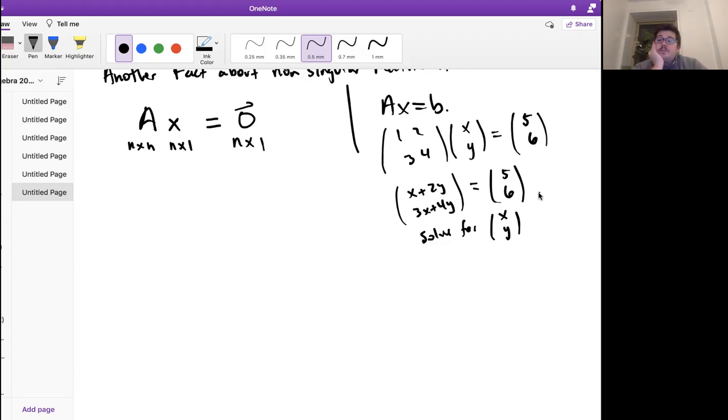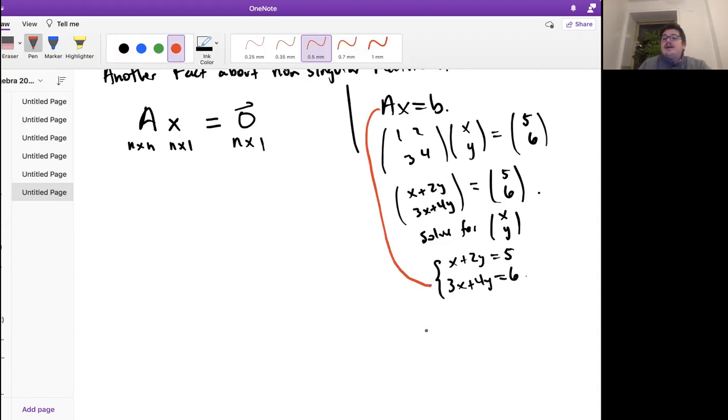Do we know how to solve for x and y? Okay, x plus 2y is equal to 5. What else is true? 3x plus 4y is equal to 6. Okay, what is this? Yes, every matrix equation can be represented as a system of linear equations.